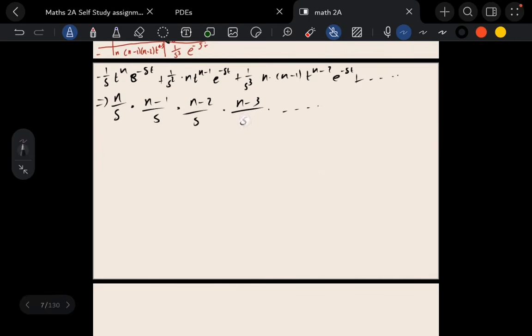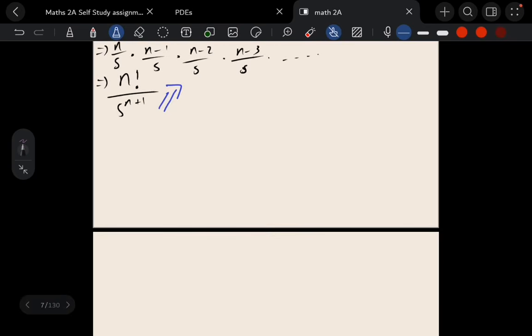If you look at the numerator, you have something called the n factorial divided by, when you look at the denominator, you're going to have s to the power n plus 1. So this is the Laplace transform of t to the power of an exponent.